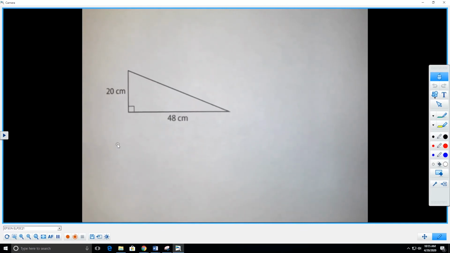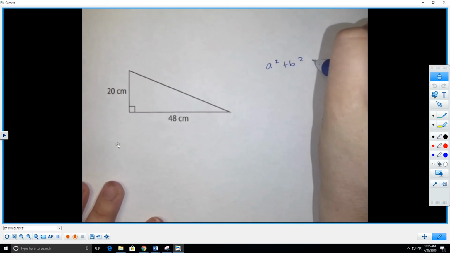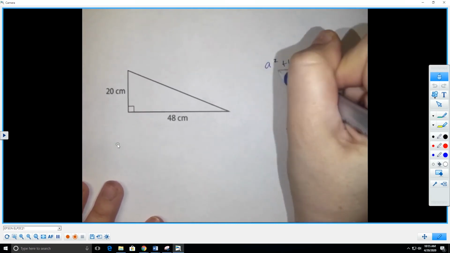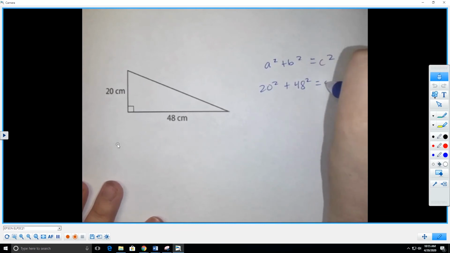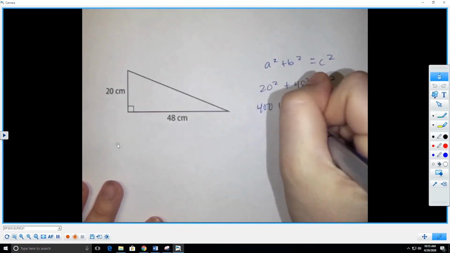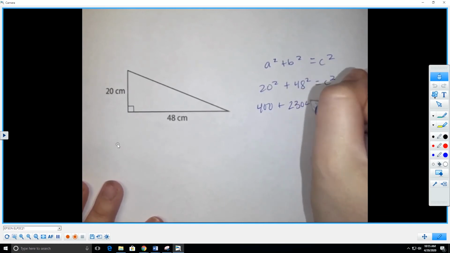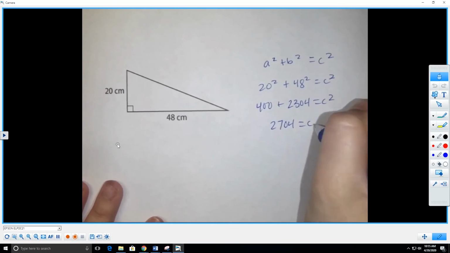We are ready to substitute in and solve. Follow along with me. So I'm going to, of course, start with my formula. I'm going to plug in my leg lengths. And I have 2,704 equals C squared.